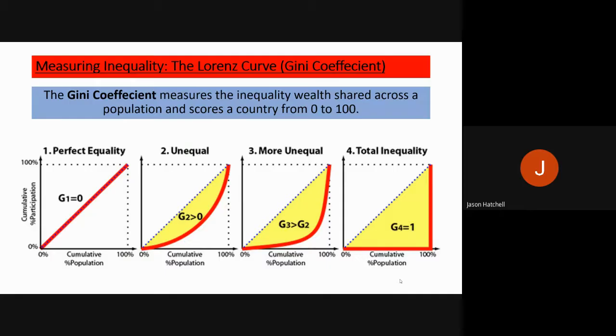And you can see there on the left, the first graph, perfect equality, okay, and G1, 0, which means perfect equality. And you can see cumulative population and cumulative participation are equal at a 45-degree angle on the Gini coefficient curve. And that means that we have equal opportunities for all. There is equality right through this population. Now, of course, that's very rare.